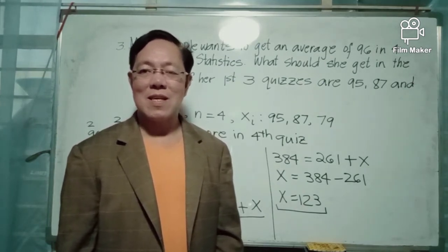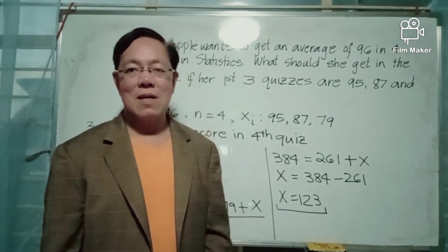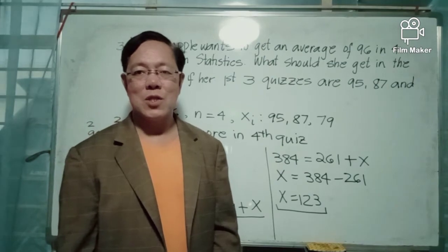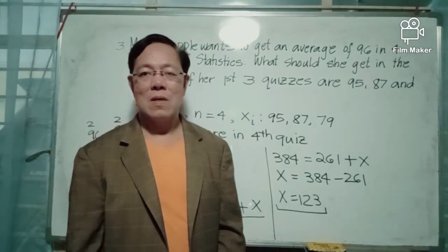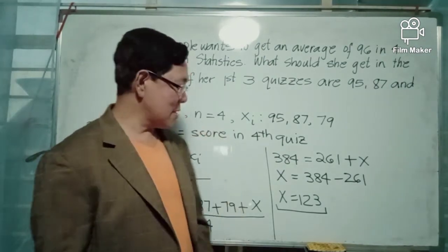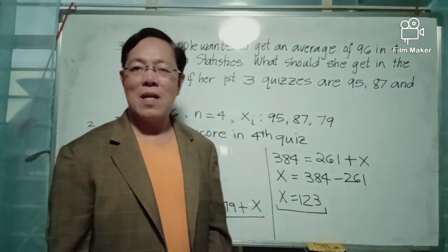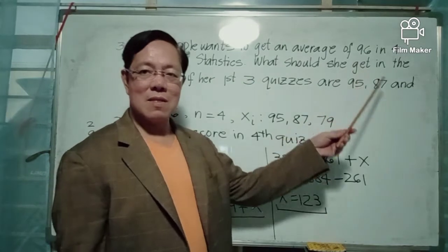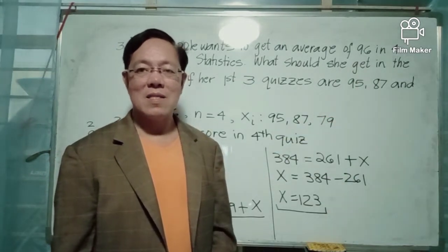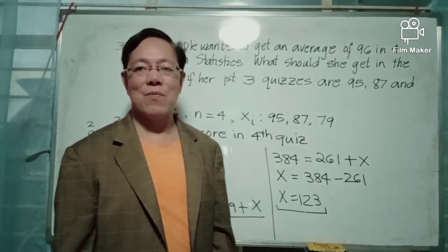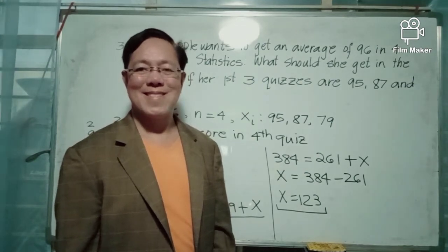Now, the question is, what is the highest possible average that she can get in the 4 quizzes? If it is not possible for Miss Pineapple to get an average of 96, what is the highest possible average that Miss Pineapple can get in the 4 quizzes?